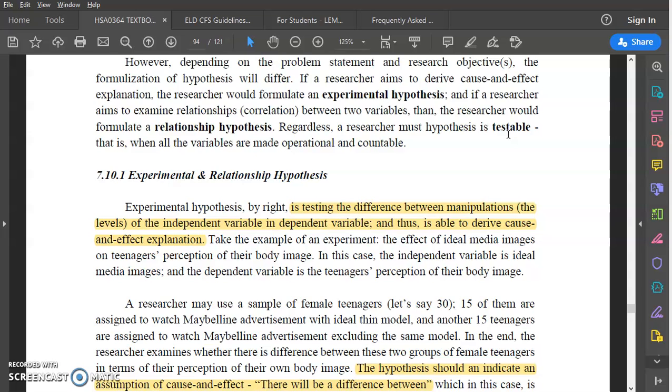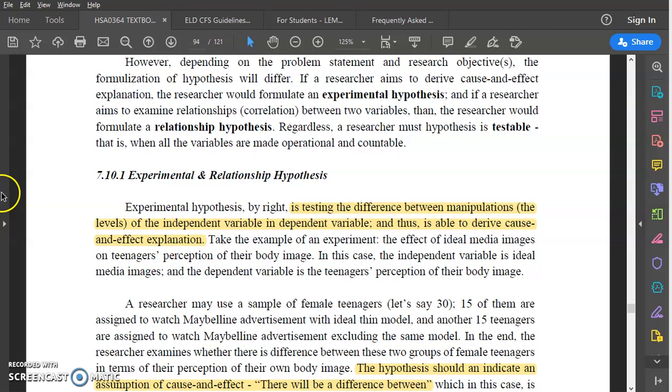Okay, so let's look at experimental and relationship hypothesis in detail. We'll start off with experimental hypothesis first. By right, it means that it is testing the difference between manipulations, things that manipulate, right? Especially in experimental research study, where we have the independent variable and the dependent variables.